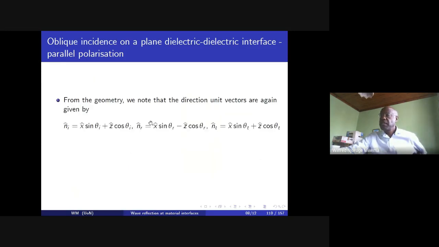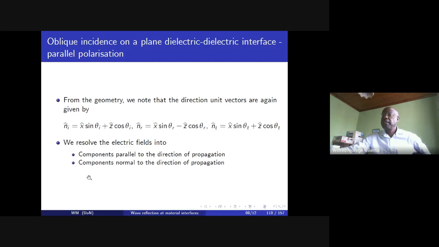So from the geometry again, we can see that the situation is still the same as before. And we resolve the electric fields into the components that are in the direction of propagation, and components normal to the direction of propagation.